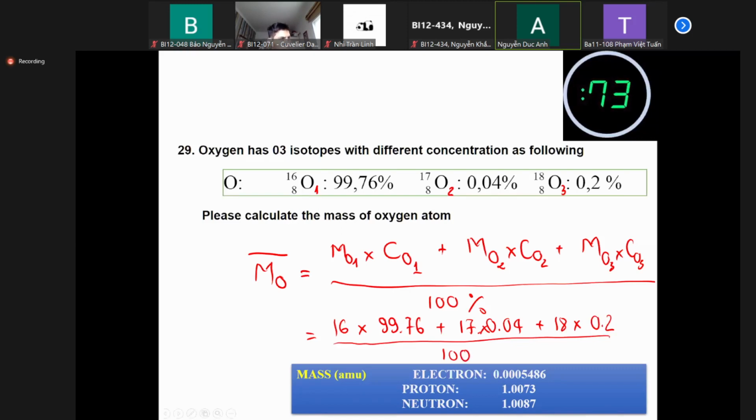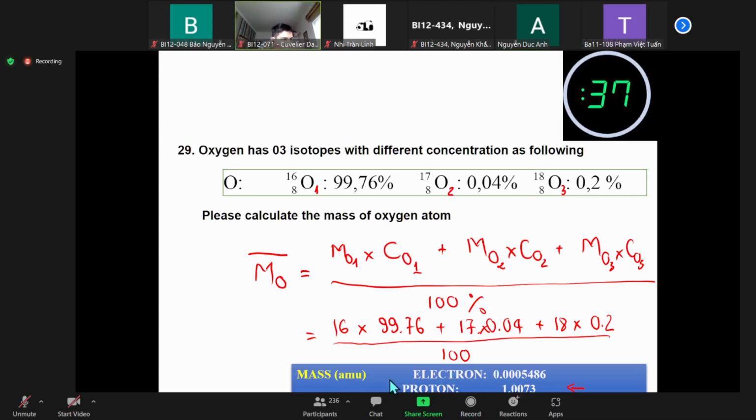Okay. So this one is the mass number. For more precision, now you have to divide the number of protons and the number of neutrons in the system, and use the AMU here, the atomic mass unit, for more precision. You got it?